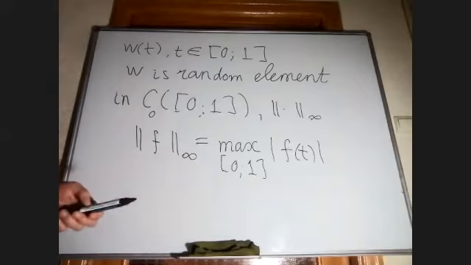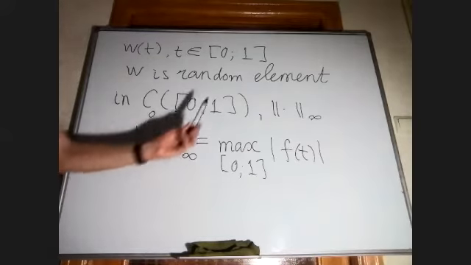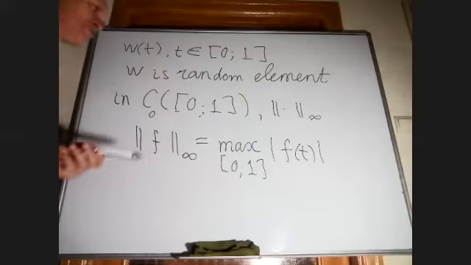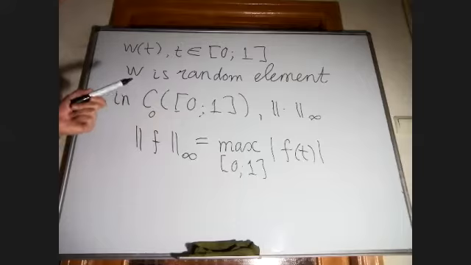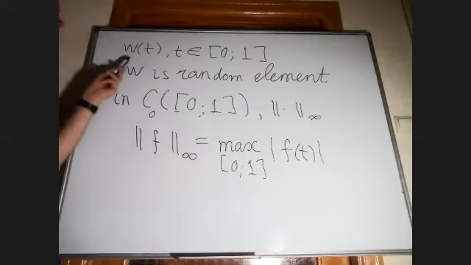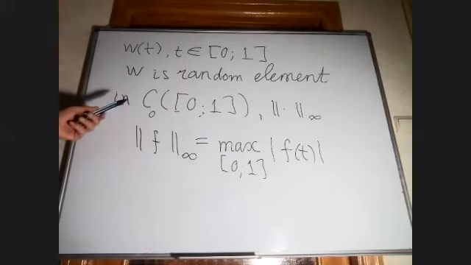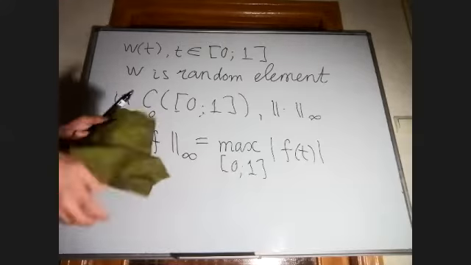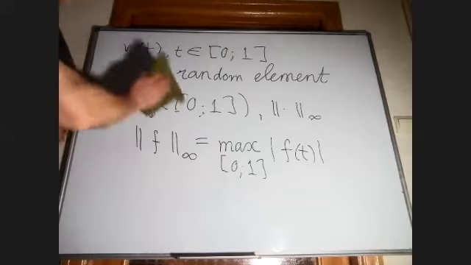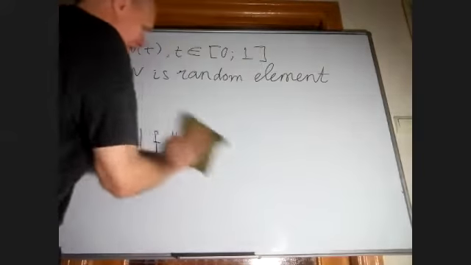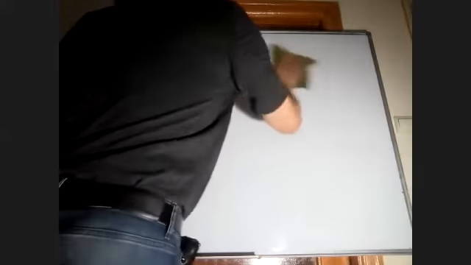It is well known that this is a good separable space, and now W is a random element here, so we can discuss probabilities with which this random element lies in different subsets of this space. Which subset will be interesting for us? Namely, we will consider the open balls in this space.